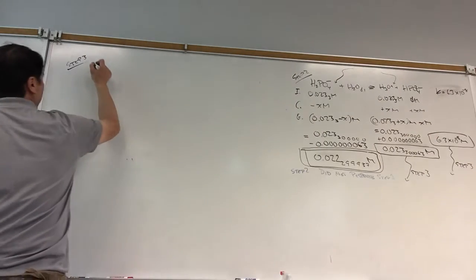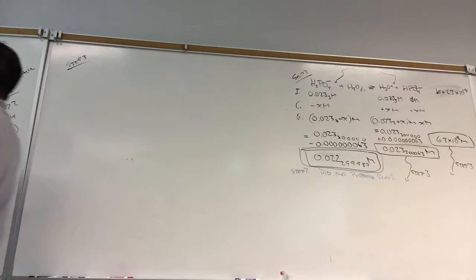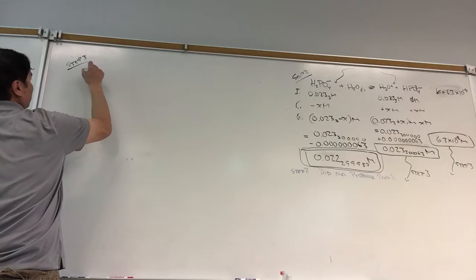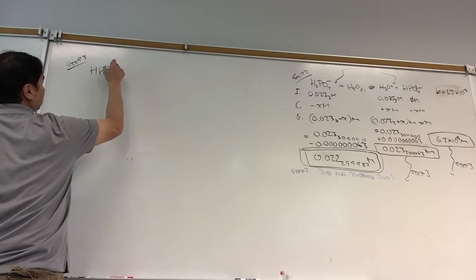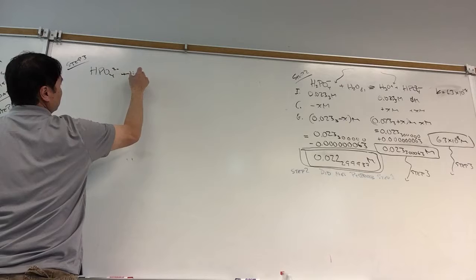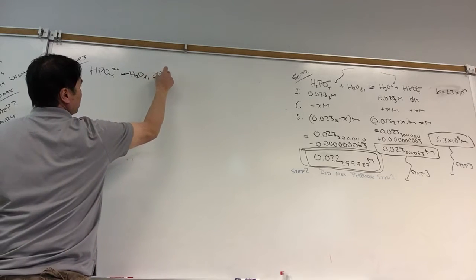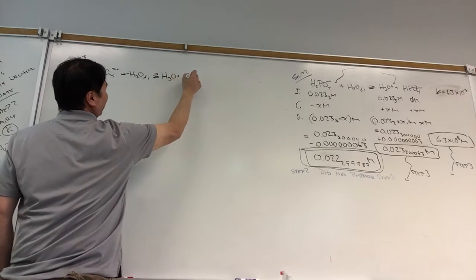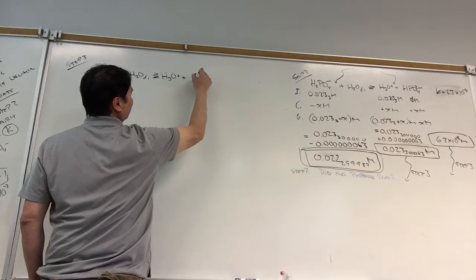Step 3 is the next largest K. The next largest K is this one at 10 to the minus 13, just barely edging out water. Water is at 10 to the minus 14. And so we have HPO4 2 minus plus water going to produce hydronium plus phosphate.